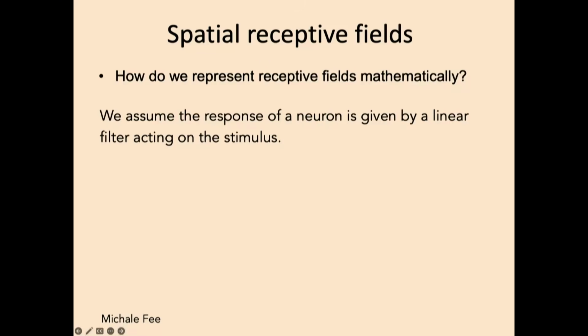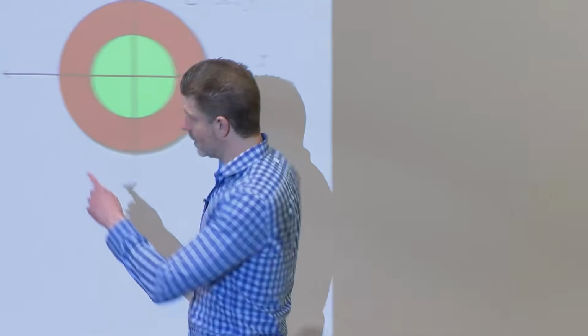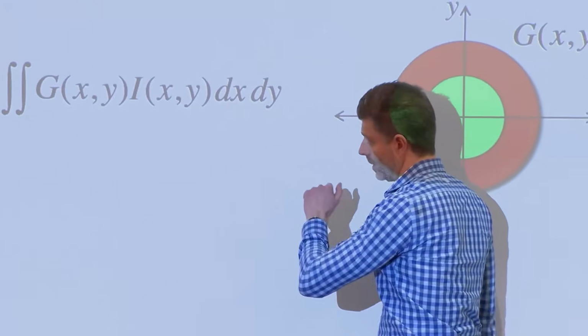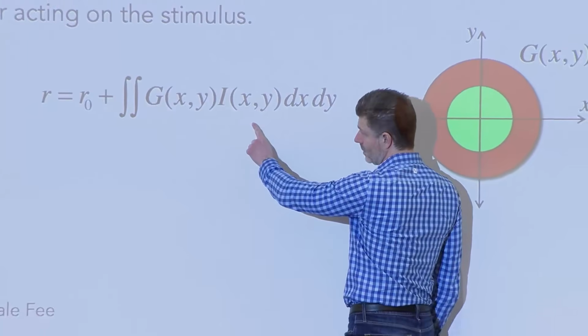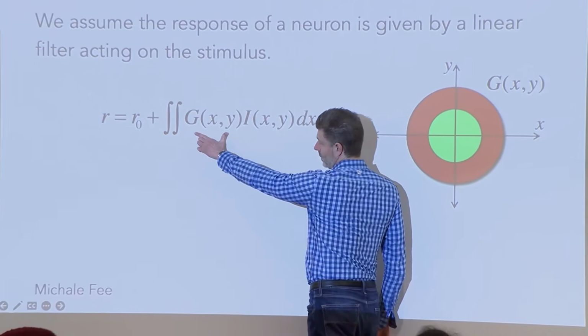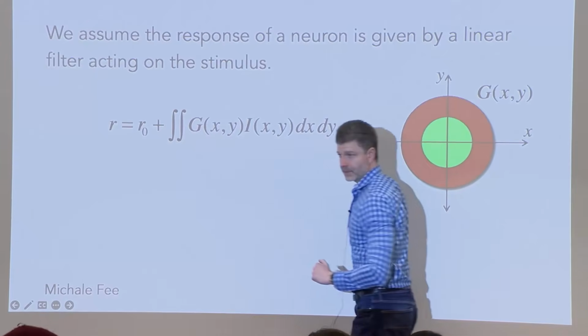The assumption that we will make here is that the response of the neuron is given by a linear filter that acts on the stimulus. So what does that mean? It means that the response of the filter is given by this equation. This is the image, just an array of gray values. This is the filter, which is another array of numbers that are a function of spatial position.